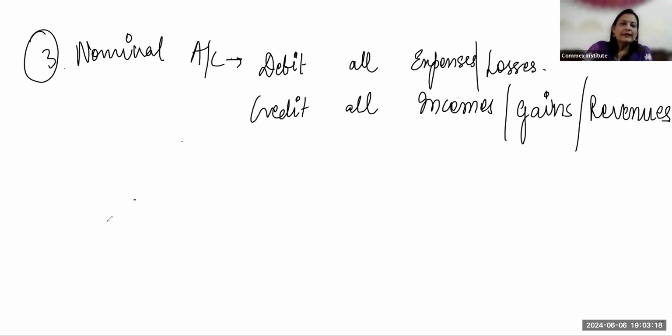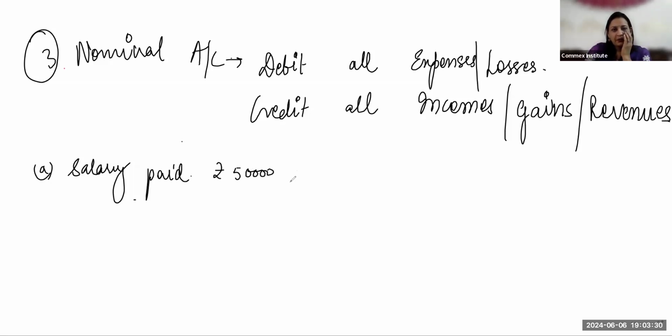Okay. For example, A, salary paid to employees, rupees 50,000. To my employees, I'm paying a salary of 50,000.